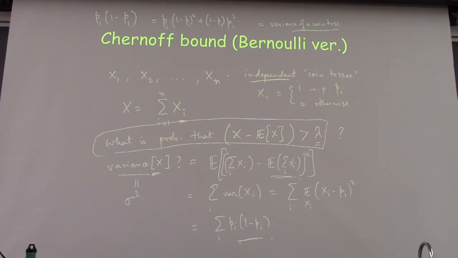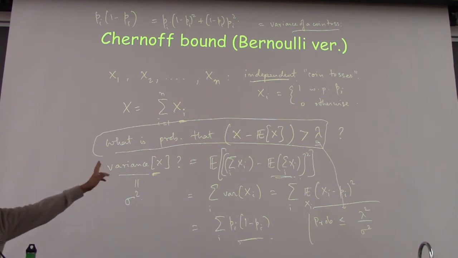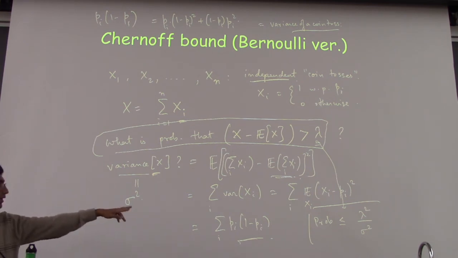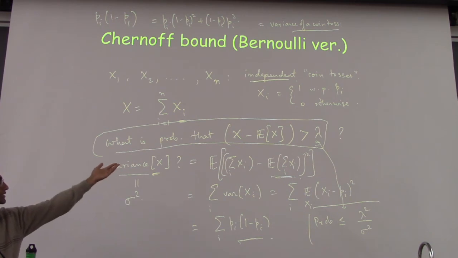And what the previous theorem, Chebyshev, tells you is that the probability of this is smaller than or equal to sigma squared divided by lambda squared. Do you see this? This is what Chebyshev tells you. You can plug it in and verify.